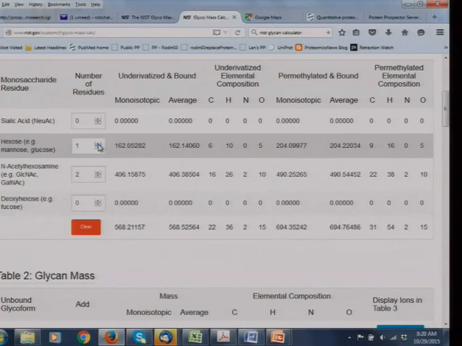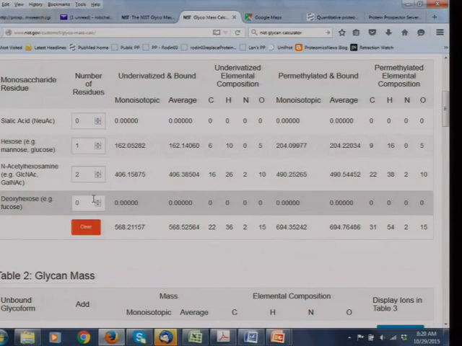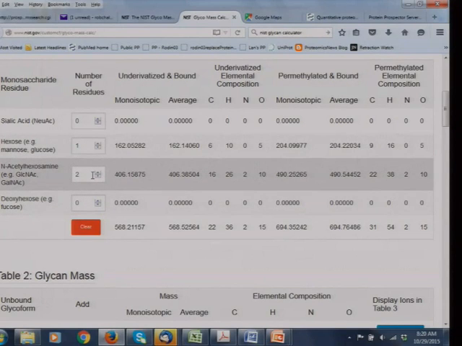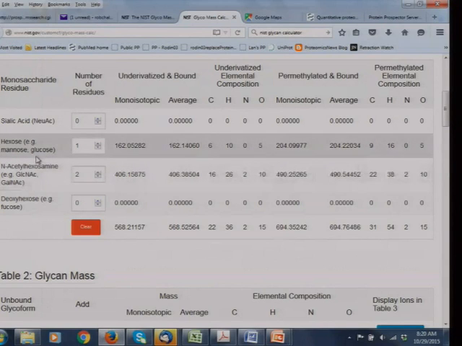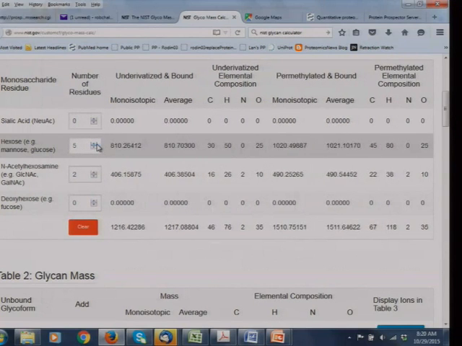You can put at least, that's good enough. It should be the minimum number of what you think. Yes. So I know I want to have at least 2 HexNAcs in here, so I could keep adding hexoses and see if I get to 1241. No, I don't. So it's not all high mannose. So therefore there's going to be something else in there.